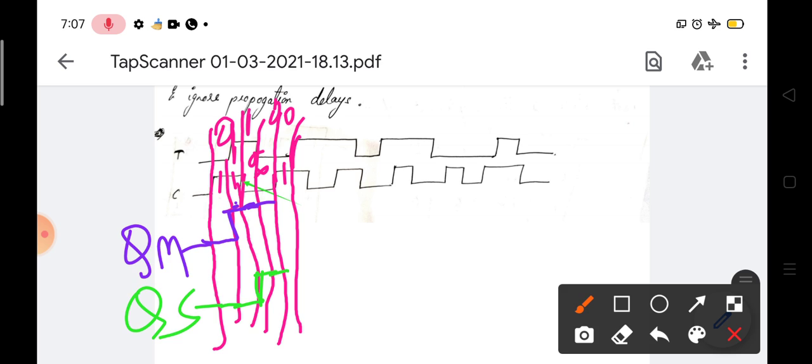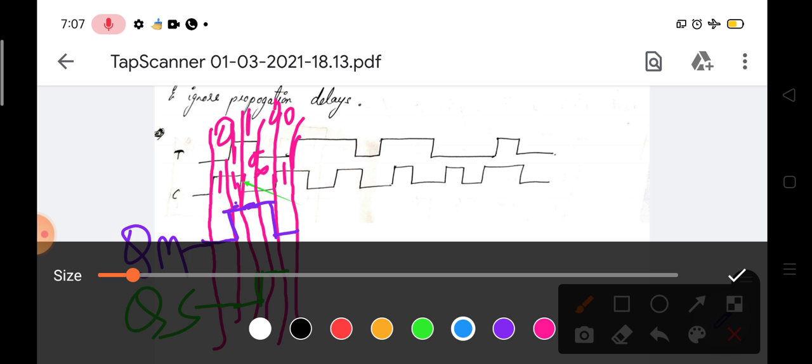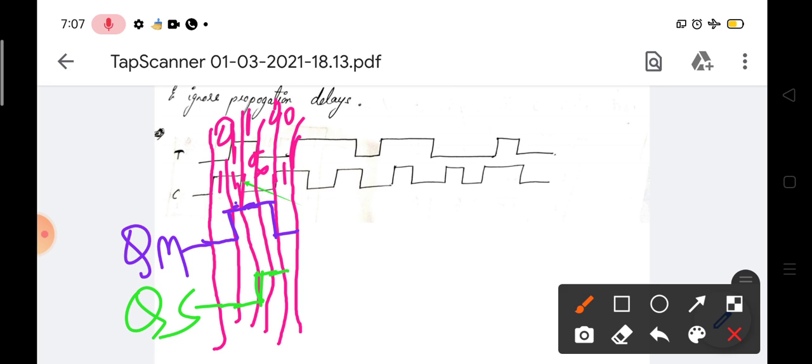It means my output QM will be the complement of the previous output. The previous output was 1, so now I get 0 up till here. However, the slave continues its state till the falling edge of the clock comes.